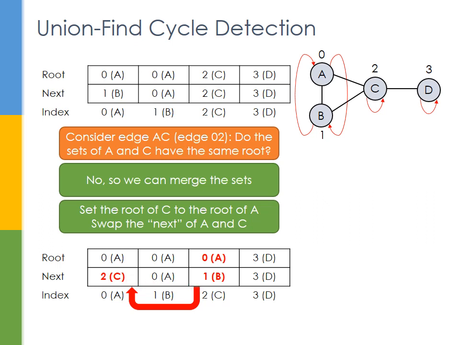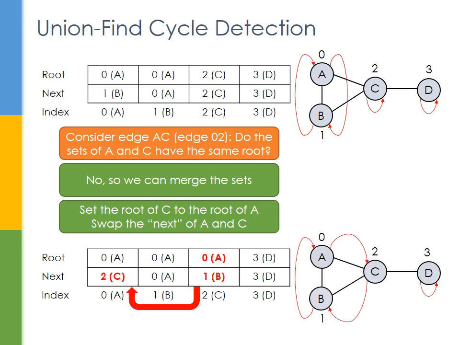We can see this is the structure that we end up with. So what does this graph then look like? Well, over here we have our graph. So we have the set for set A. Its next is 2, in other words, vertex C. So A connects now to C. Then we see for set C, its next is 1, in other words, vertex B. So we have this connection over here.